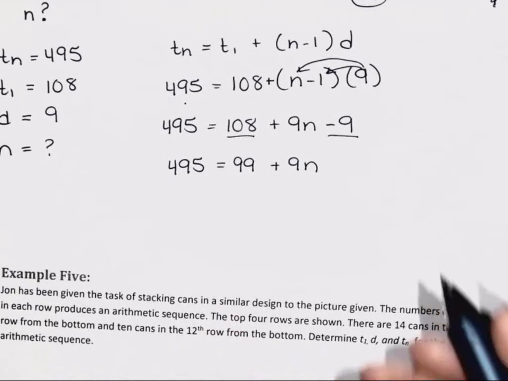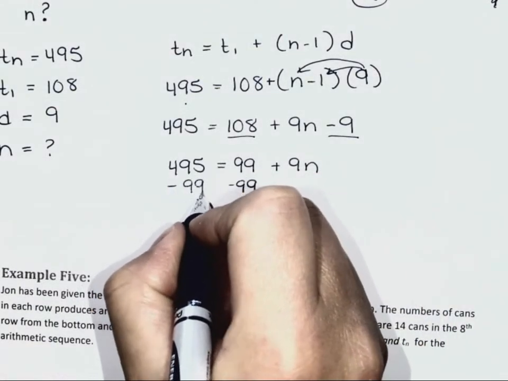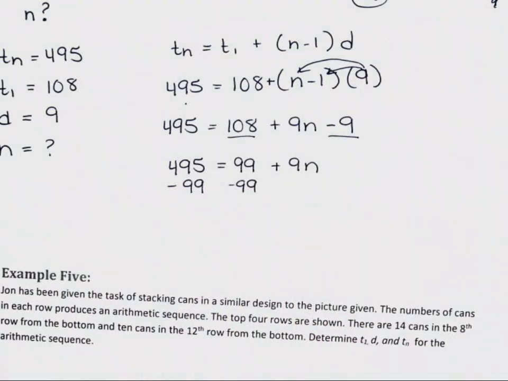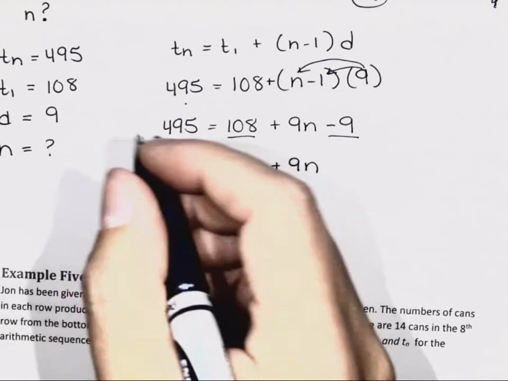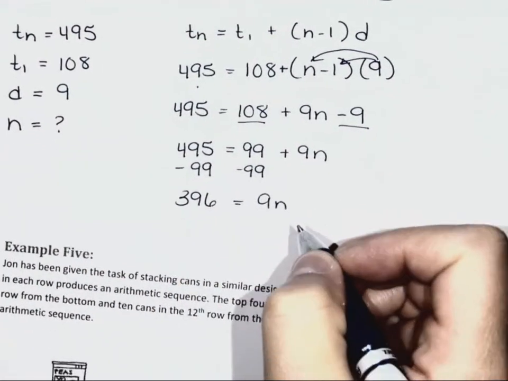So let's do some math. Minus 99 from both sides. That would be 396. 396 equals 9n.